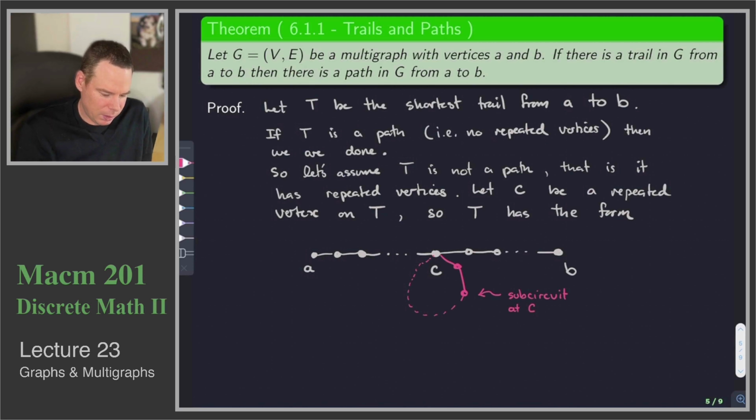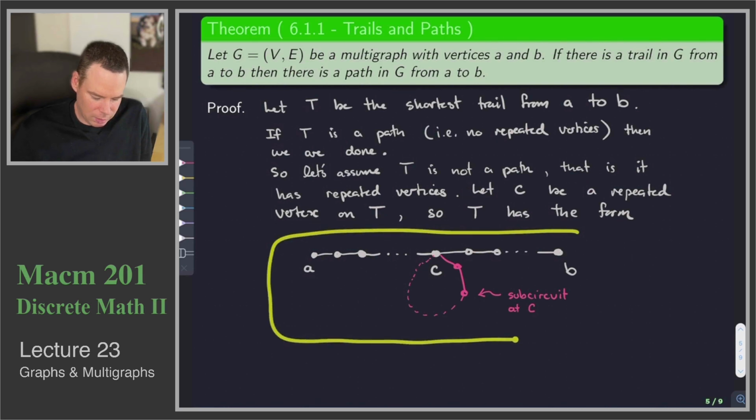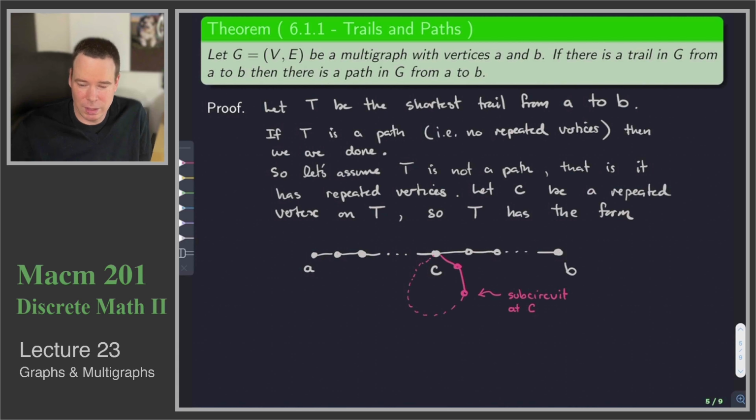Well, at this stage, remember we were saying that T is the shortest trail from A to B. So I look at this diagram and ask, does this contradict the fact that this trail I've drawn is the shortest trail? And we should be able to say, yeah, it does. Because I could have just started at A and ignored traveling along that red portion and just gone from A to B. So that sub-circuit I could ignore and I still have a trail from A to B. So we've got that T has this form.